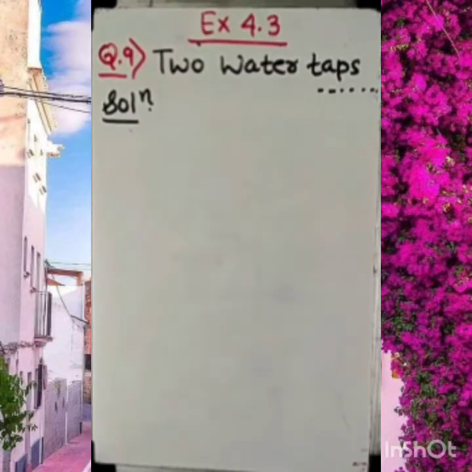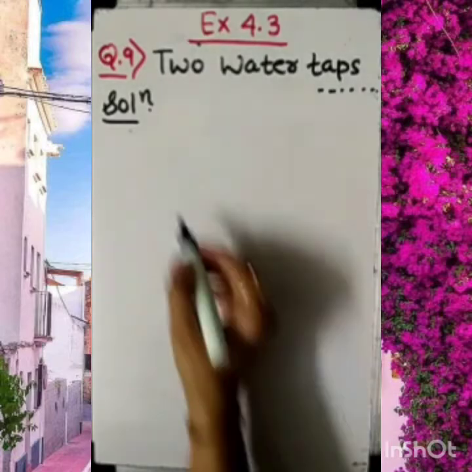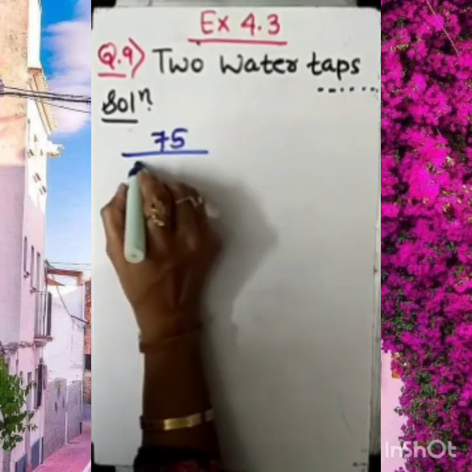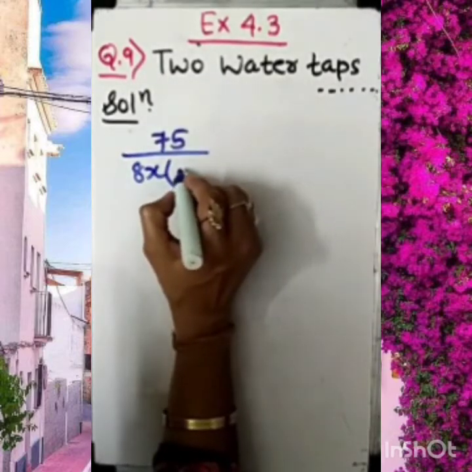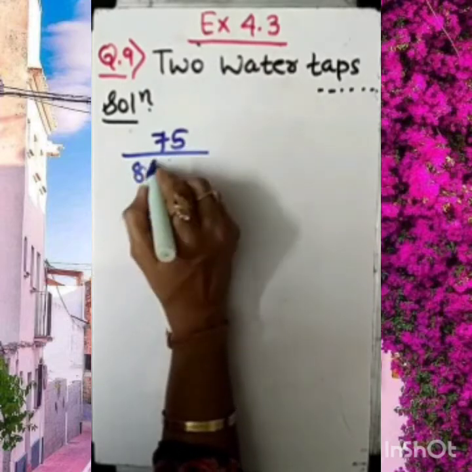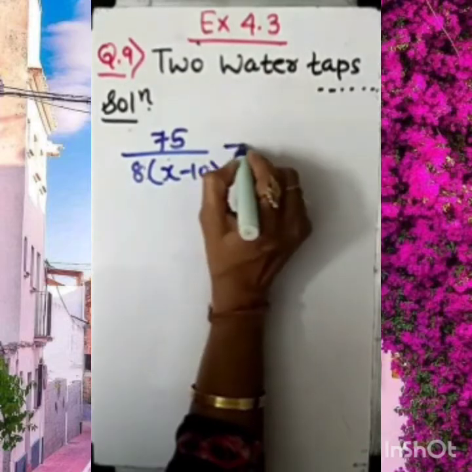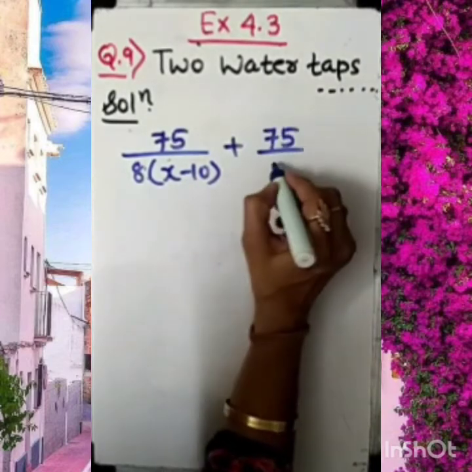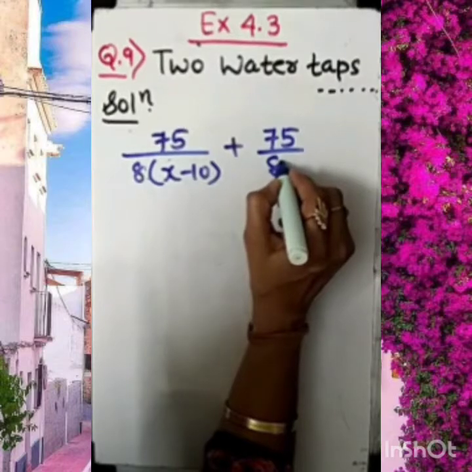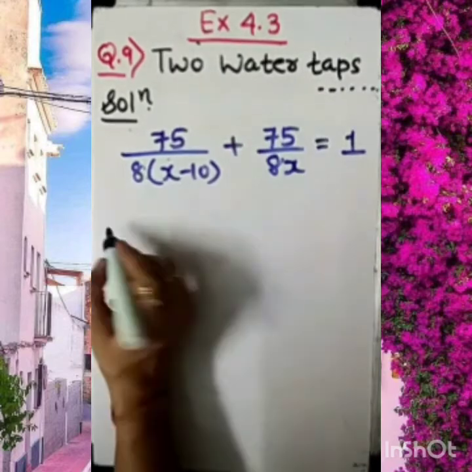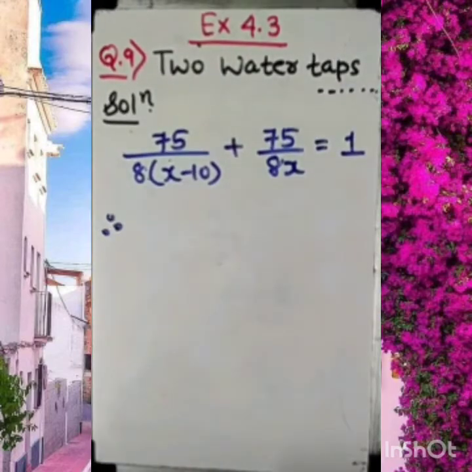Now the portion of the tank filled by bigger tape is 75 upon 8 into x minus 10 in bracket, and the portion filled by the smaller tape is 75 upon 8x, and together the complete full tank will be filled. Therefore, we can take 75 by 8 common.